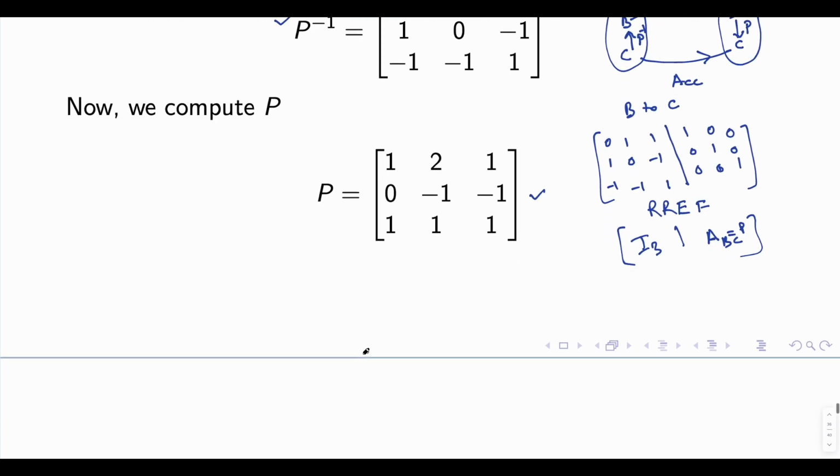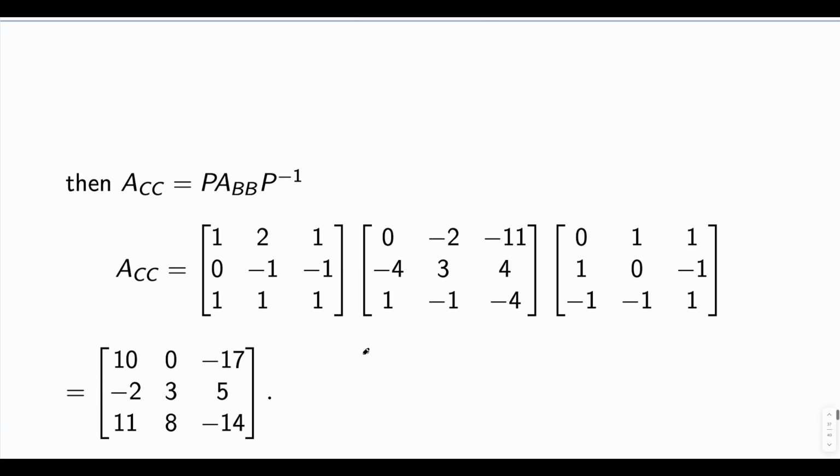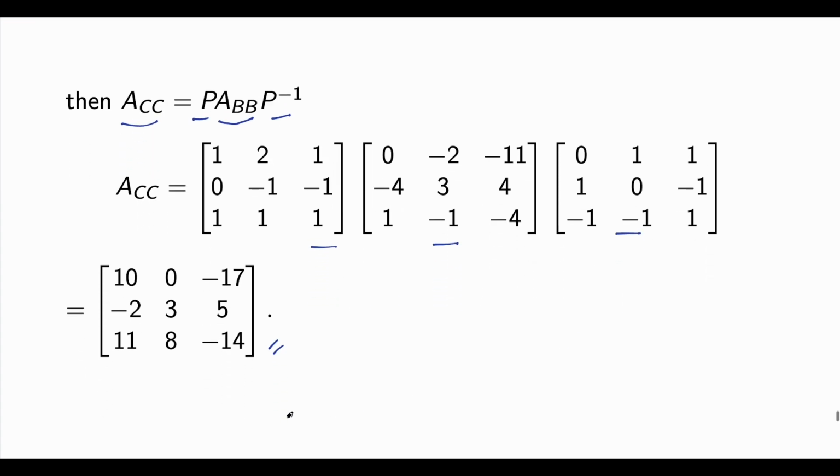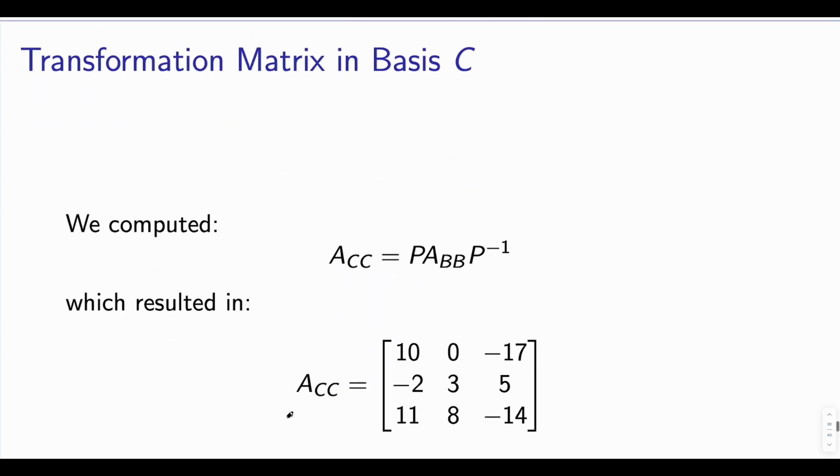Now once P and P inverse are calculated and A_BB is calculated, we just multiply these three matrices to get the final answer, right? The transformation matrix here is A_CC, this one. This is the answer for part B.